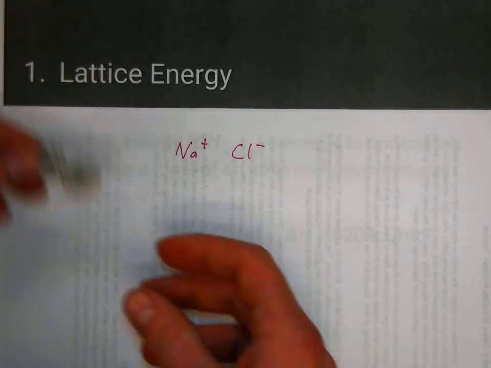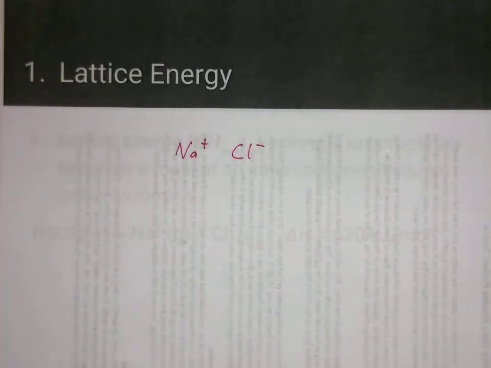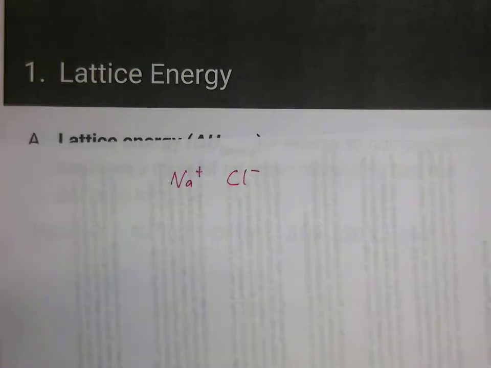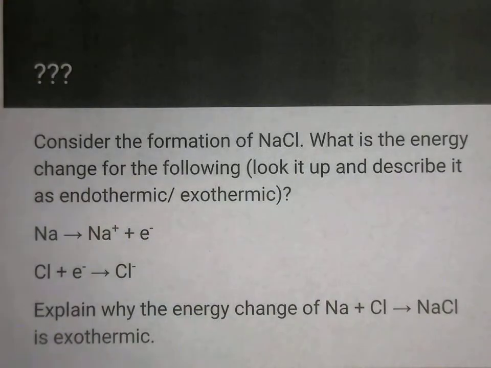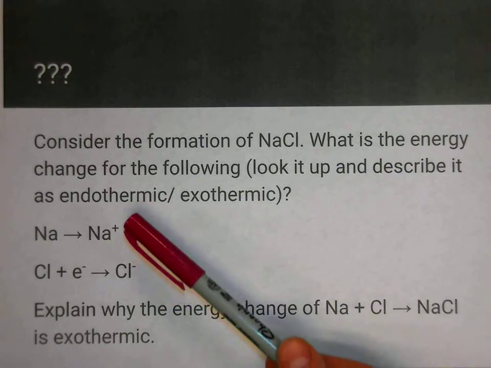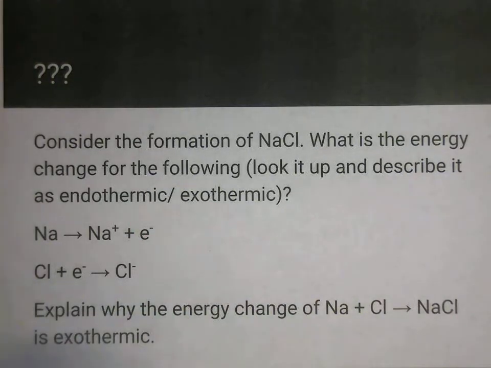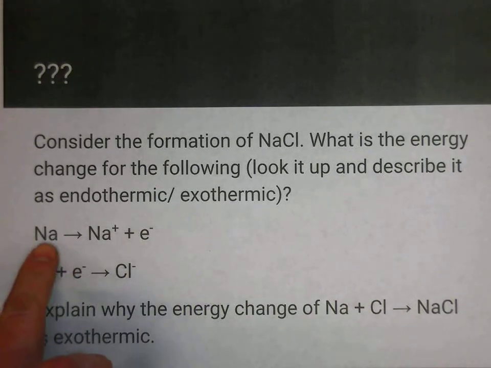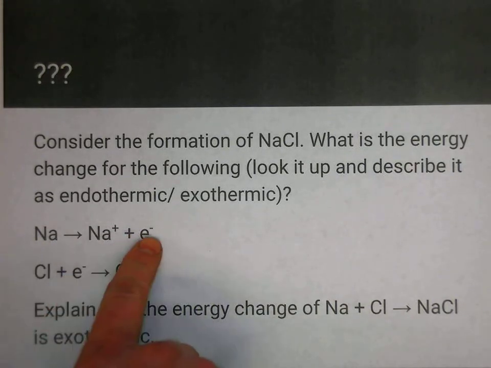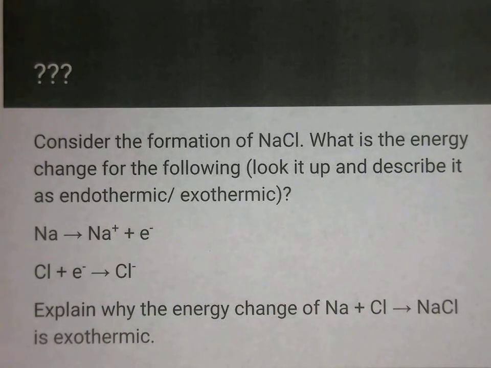So let's consider a problem here. Consider the formation of NaCl. What is the energy change for the following? So we're going to look up the energy change, or the enthalpy, in each of these. When Na forms the sodium ion, this could be called the ionization energy.